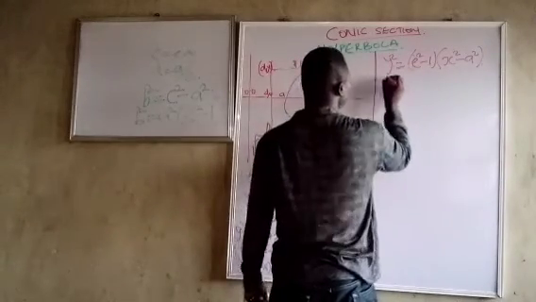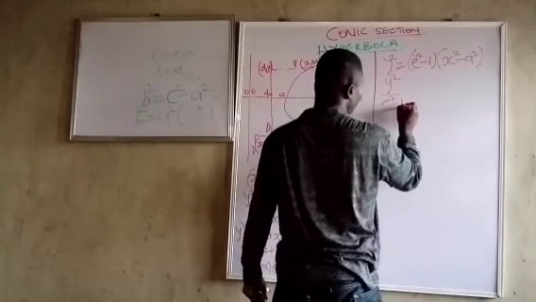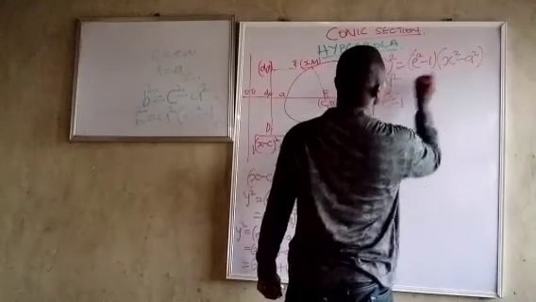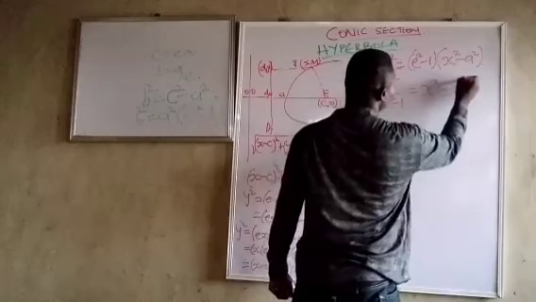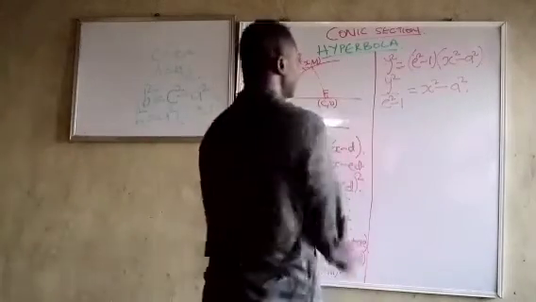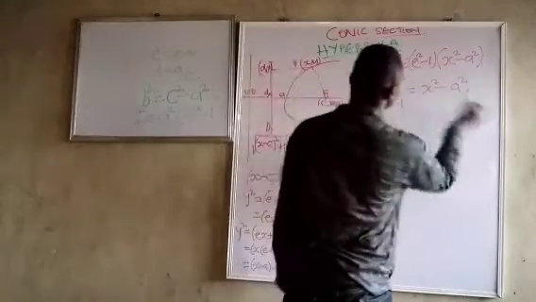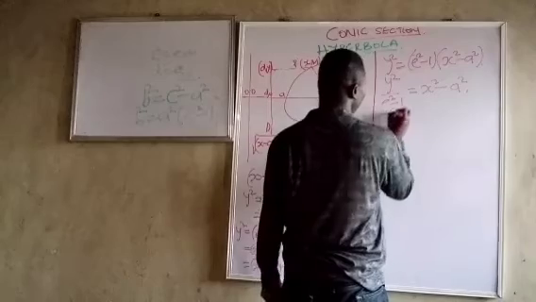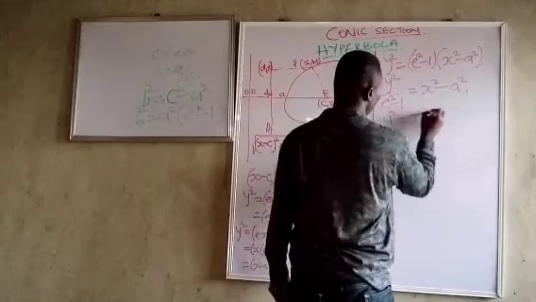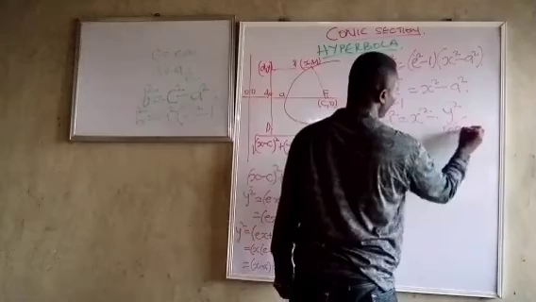So we are going to have y squared over (e squared minus 1) is equal to x squared minus a squared. So let's add a squared to both sides and subtract y squared over (e squared minus 1) from both sides. So we are going to have something like this: a squared equals x squared minus y squared over (e squared minus 1).